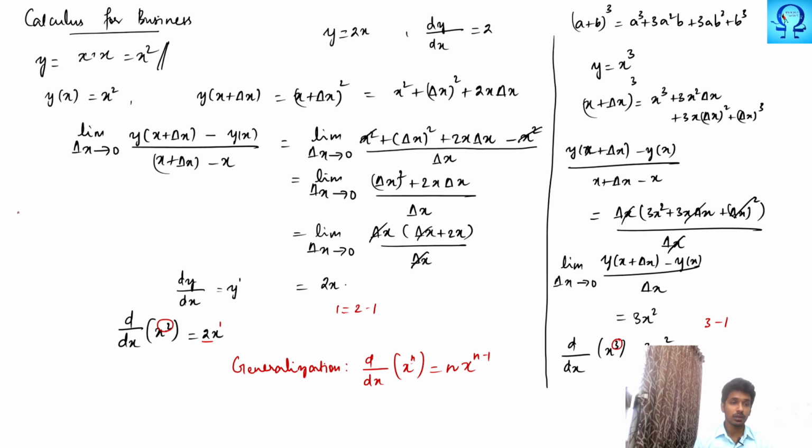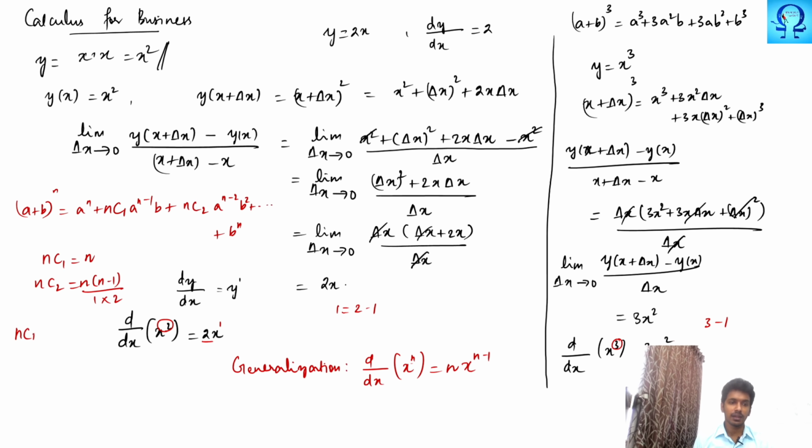I am not going to do it, for which let me give you the general formula: a plus b whole power n is going to be a power n plus nC1 a power n minus 1 b plus nC2 a power n minus 2 b square, and it goes till b power n, where nC1 is simply n. nC2 means n into n minus 1 divided by 1 into 2.